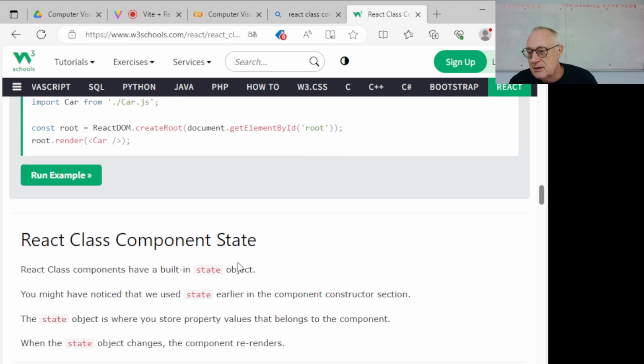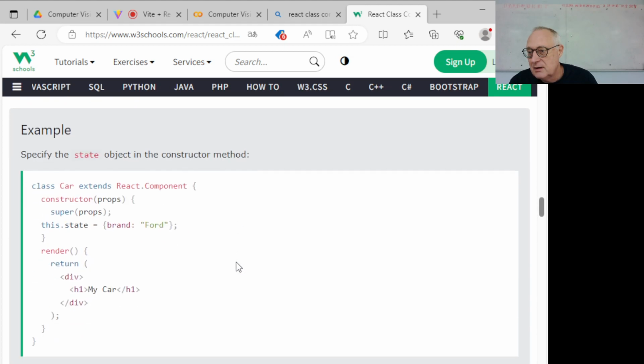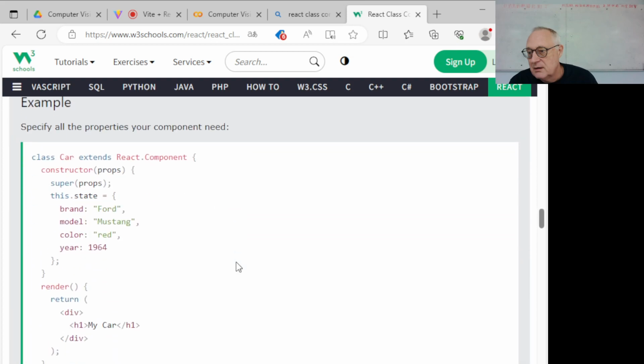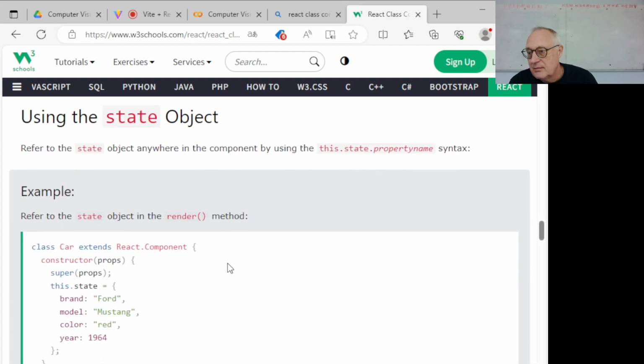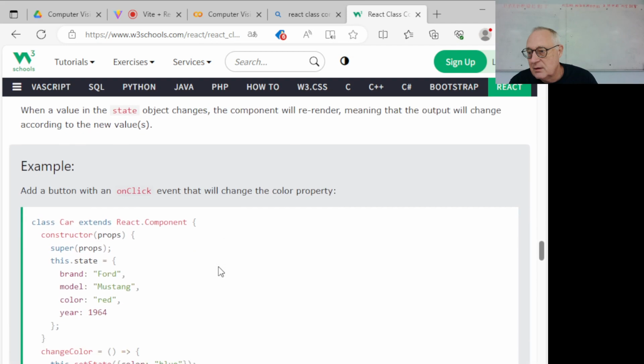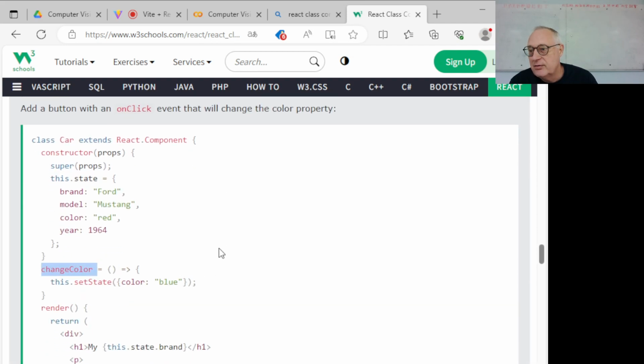Let me see, do we have one here? No. You can have instance methods. Now, this one I also don't understand why they believe that change color is equal to this arrow notation in order to define a function.